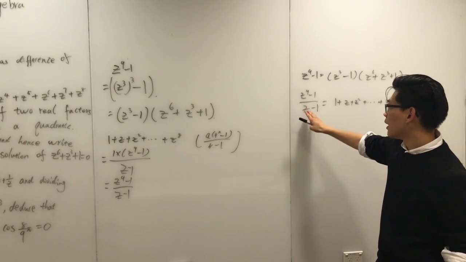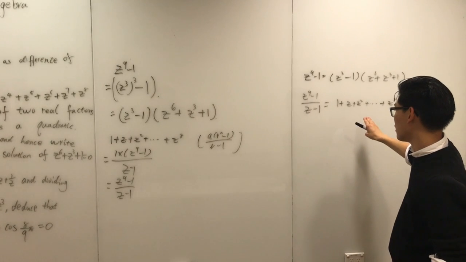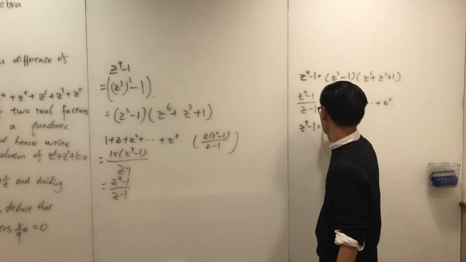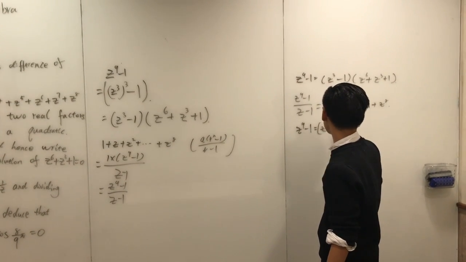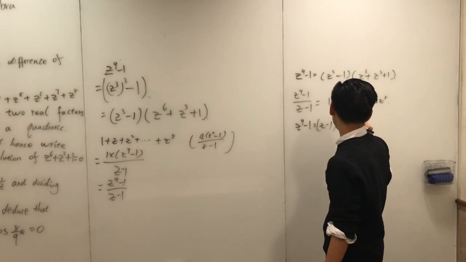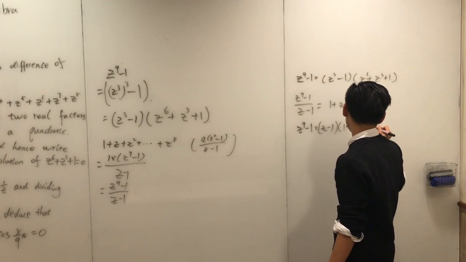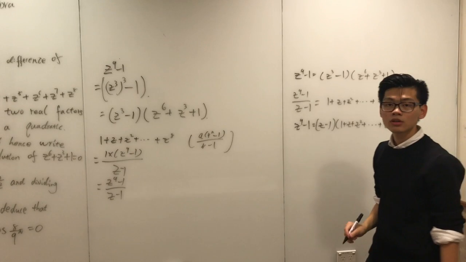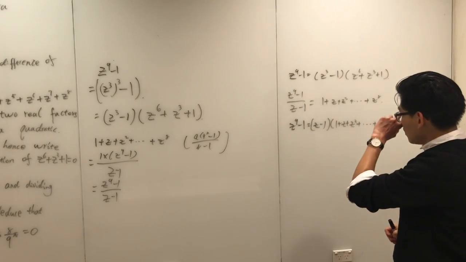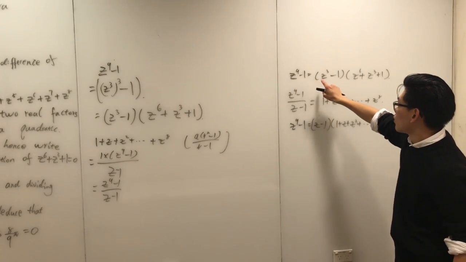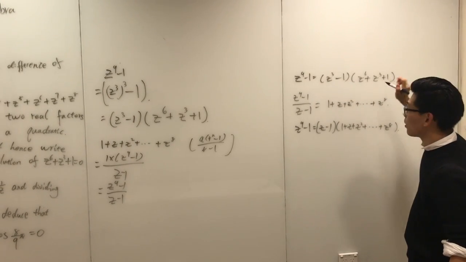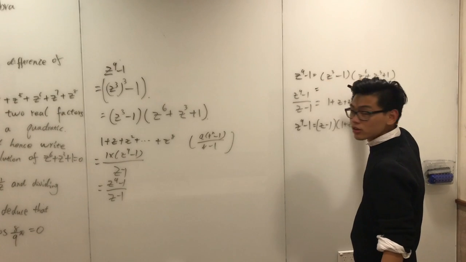Then we can multiply z minus 1 to the other side. So we can get z to the power of 9 minus 1 equals z minus 1 multiplied by 1 plus z squared plus, and so on, a long expression. Now, we have z to the power of 9 minus 1 equals z cubed minus 1 multiplied by z to the power of 6 plus z cubed plus 1. We can expand this further.